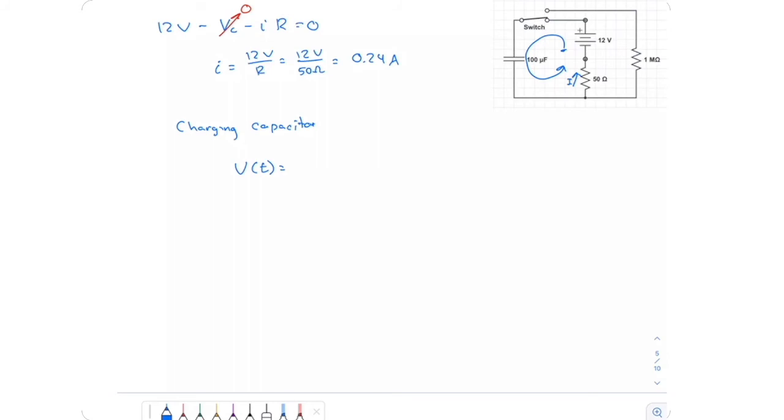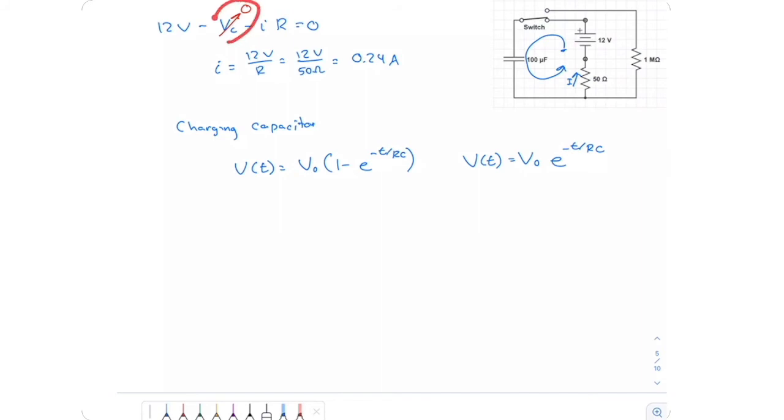One looks like V of t is equal to V naught times 1 minus e to the minus t over RC. And the other looks like V of t equals V naught times e to the minus t over RC. So you might have these equations and be wondering, okay, I know these are for charging and discharging, but you might not remember which is which. But we can figure it out by just looking at the form of the equations.